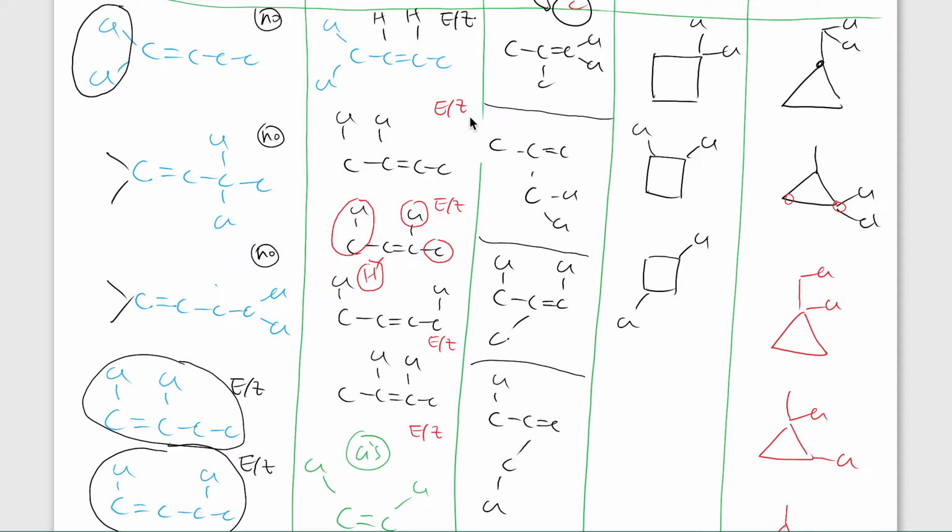If they're different on both sides, then it's definitely a geometric isomer. If they are the same on one side, it's definitely no geometric isomer. No problem.